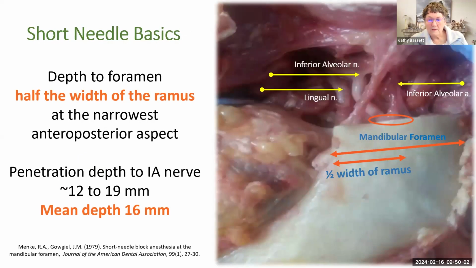So the key points are the depth of the foramen is at half the width of the ramus, and that puts us right here at the orange circle. Again, at half that width of the ramus, and that was replicated on your greater than 200 samples in this research. That means that the mean depth from insertion to the area of the nerve is approximately 16 millimeters, and that's well within the length of the average short needle.